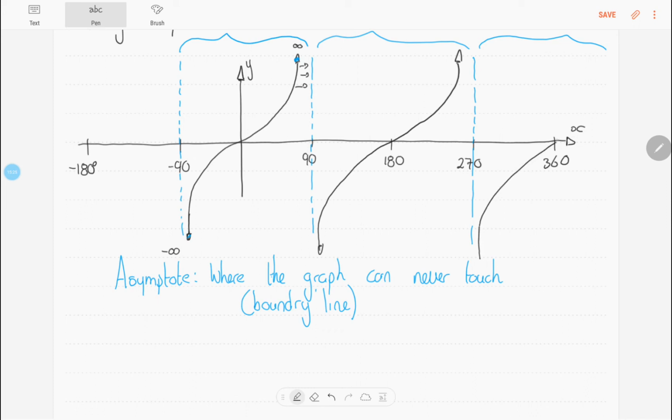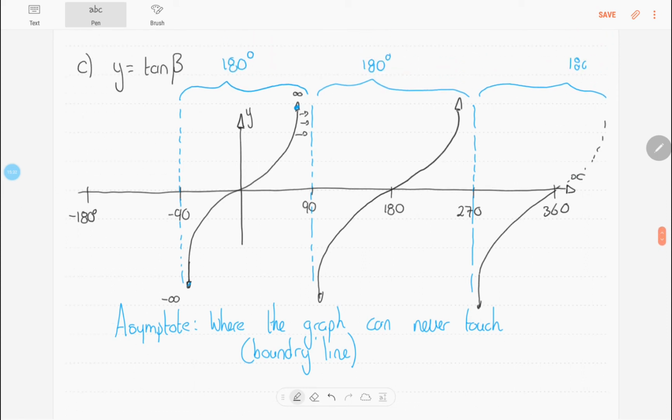If we had to continue, the graph would do that again, but we've run out of space. From here it would normally come from down here at the bottom, come up to here and then do that. So those two at the end are just half of the graph.